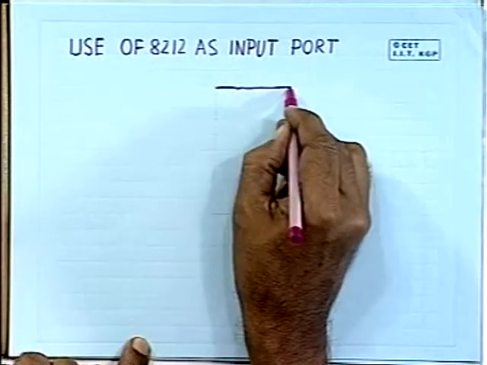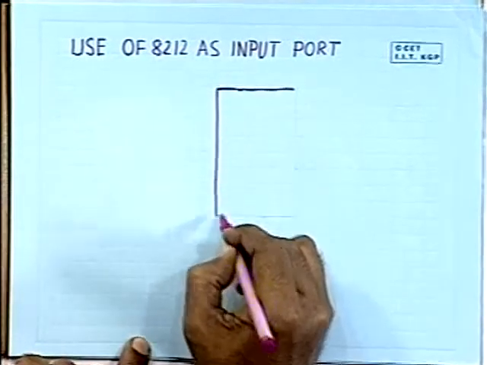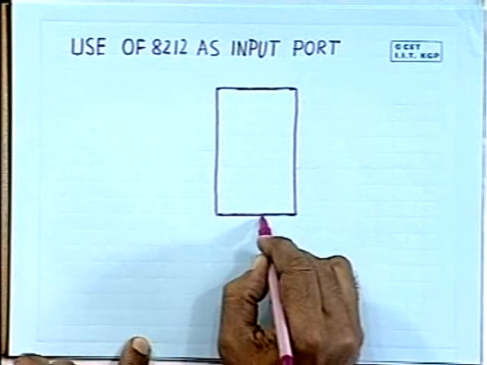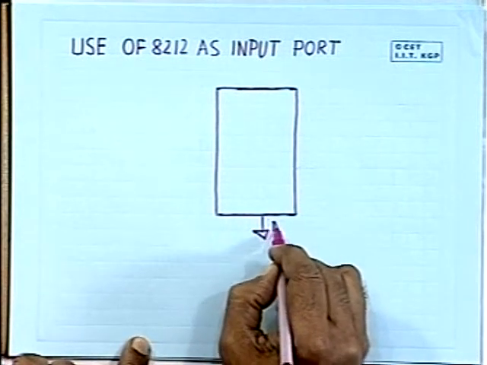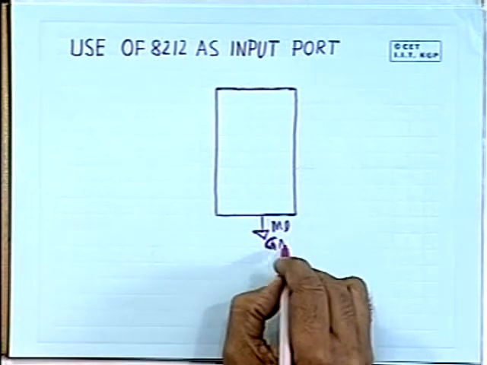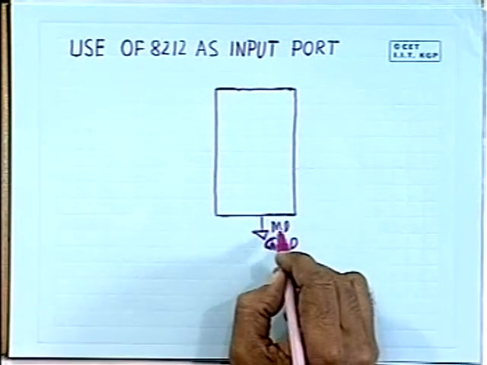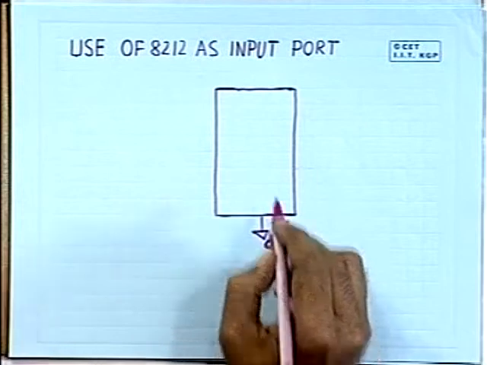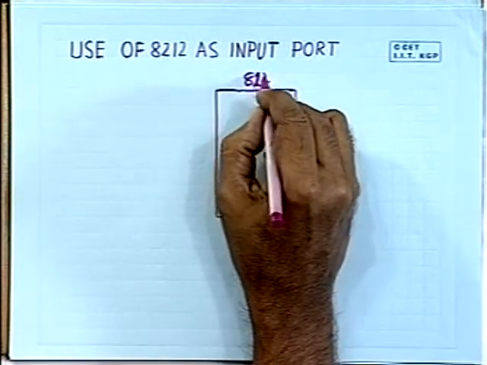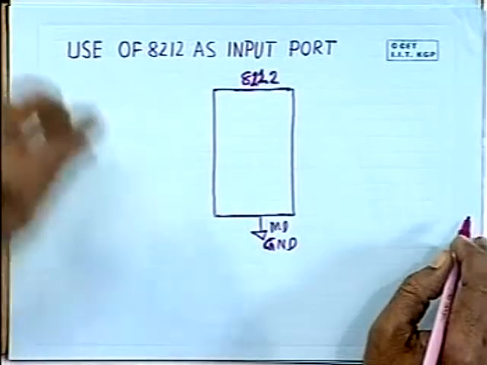As an input port, if you want to configure it as an input port, the first thing that you have to do is to connect the mode line to ground. Whenever the mode line is connected to ground, the 8212 is configured as an input port.